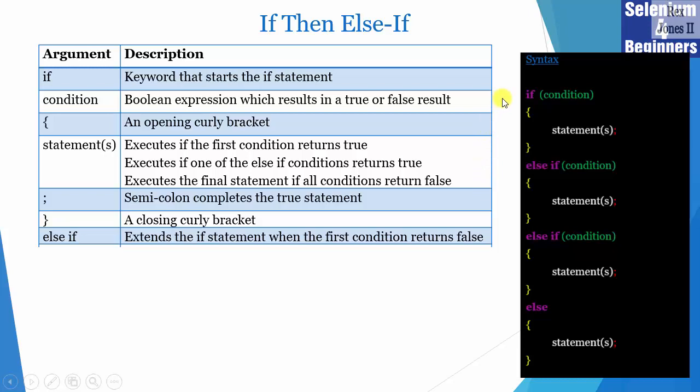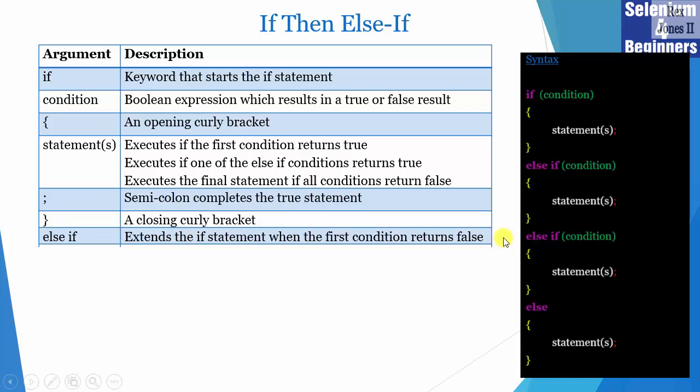When the if condition returns a false result, then the program flow evaluates the first else if condition. After the first else if condition is evaluated, the program flow evaluates the second else if condition. The same top-down approach would continue if there were more else if conditions that returned a false result.